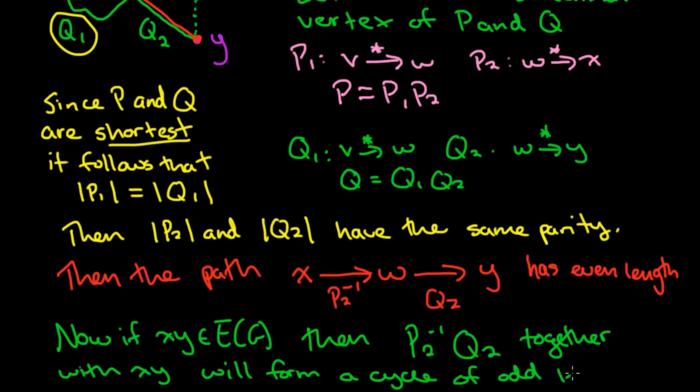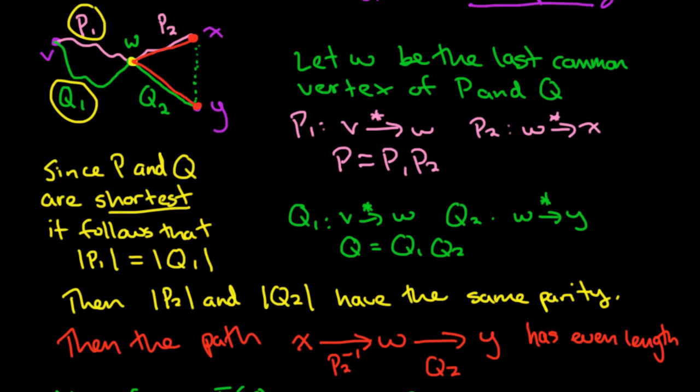We should be careful. It will have odd length because this piece in red has even length, and if you have this as an edge, then this forms an odd length cycle.